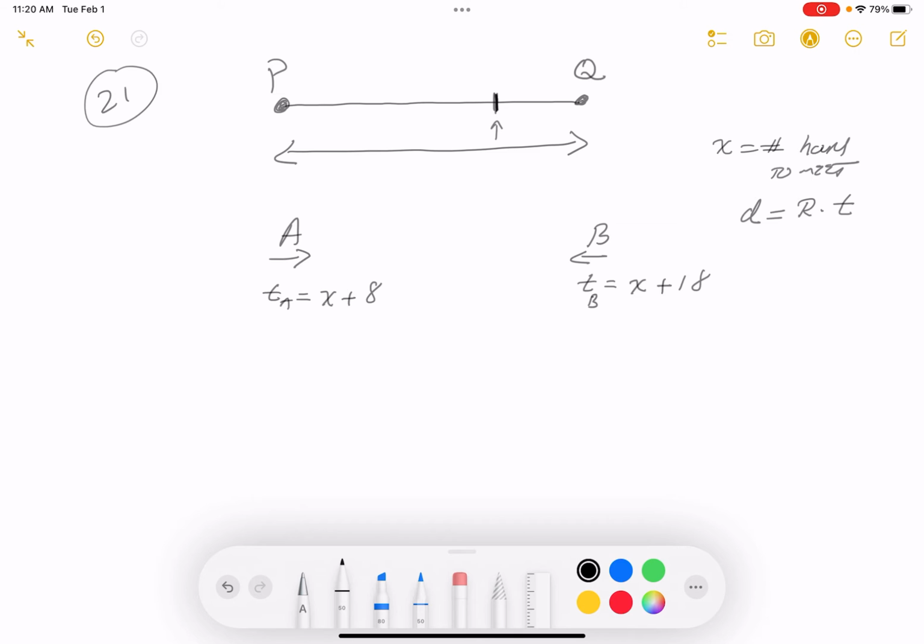So what I want to do is set an arbitrary distance over here. And I just don't know what the distance is, by the way. They didn't say it. So I'm just going to say this is 1 unit. That's a distance. And the time is in hours.